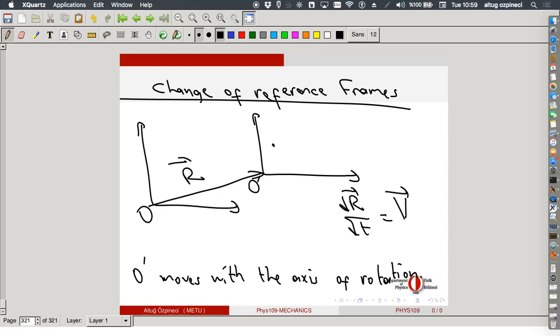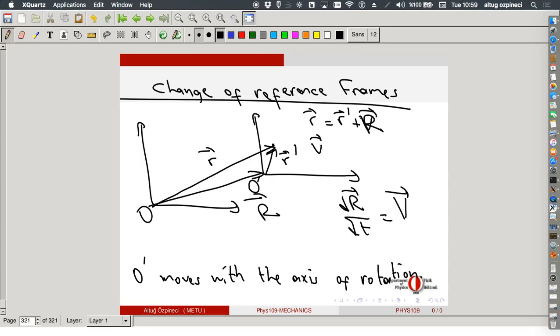Let's say this point over here in the O prime reference frame will have a position, let's say r prime, and its position relative to your reference frame will be just r.